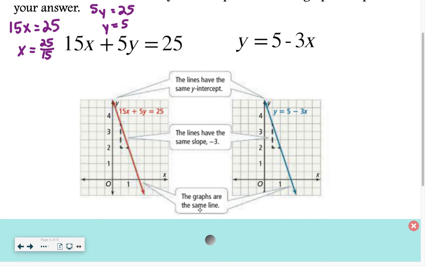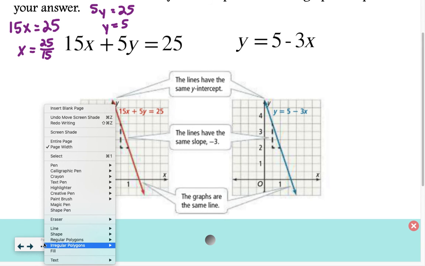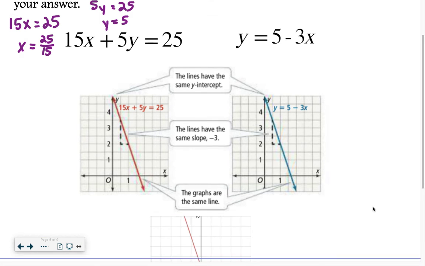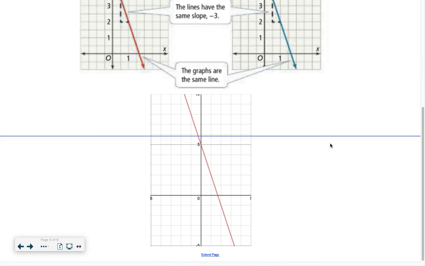And that means that the graphs are the same line. And this is called infinitely many solutions. So if I were to continue and get rid of the rest of that screen shade, you can see if I put both of those on one graph, this is what it would look like. It would just be one line because it's the same line, just written a couple of different ways.